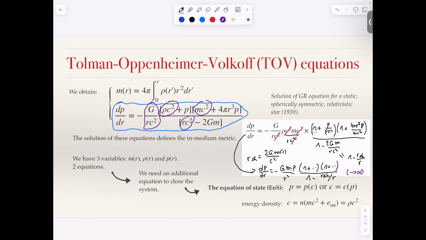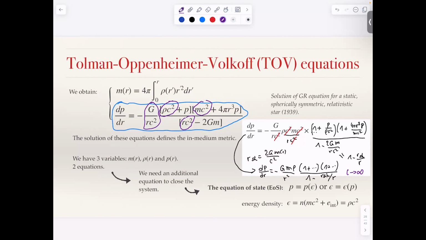But we are therefore faced with the same problem as in Newtonian physics, which is that we need an additional equation to close the system because we don't have enough equations to determine all the variables that we want, and this is the equation of state.